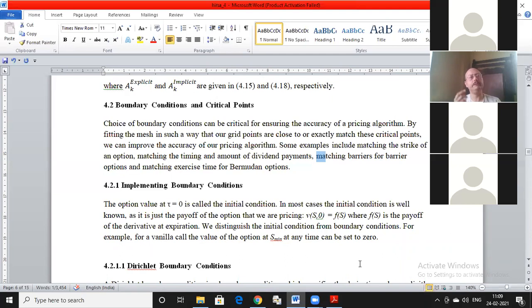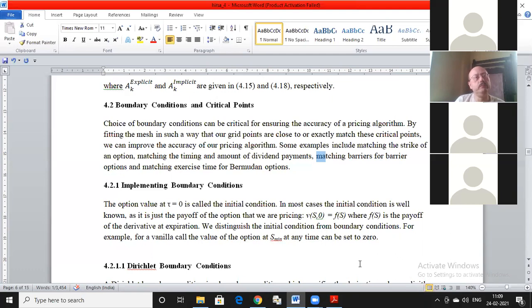What could be the examples? For a Bermudan option, I can think of all the possible exercise times, the set of exercise times, and I want all those time points to be on my grid so that my calculations are exact, at least on those points. Another common consideration is I want to match the dividend payment timing with the grid.